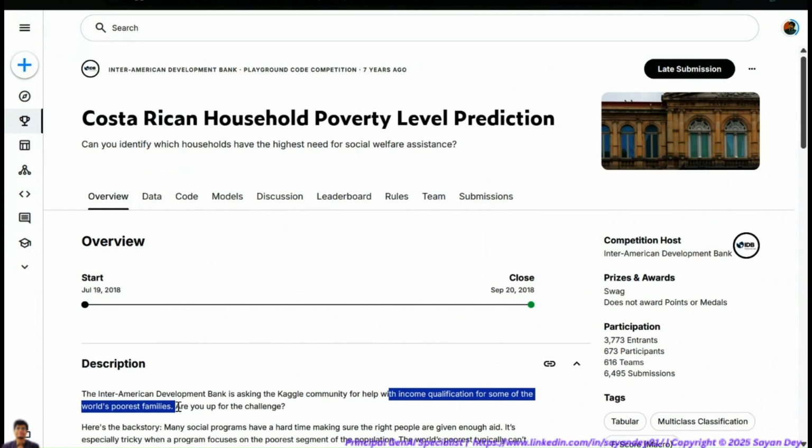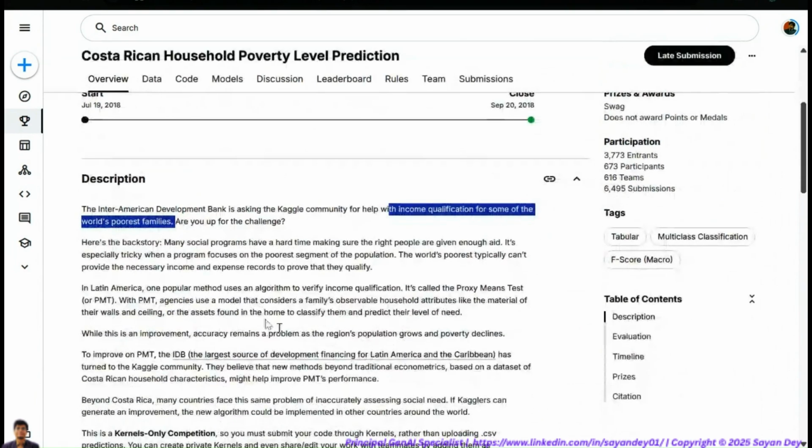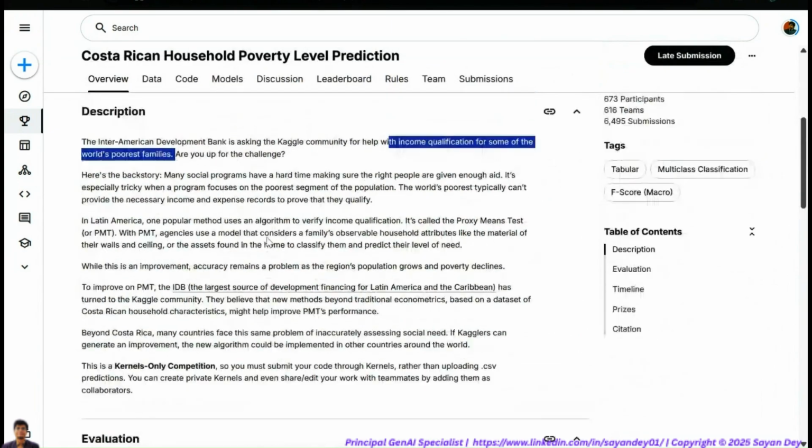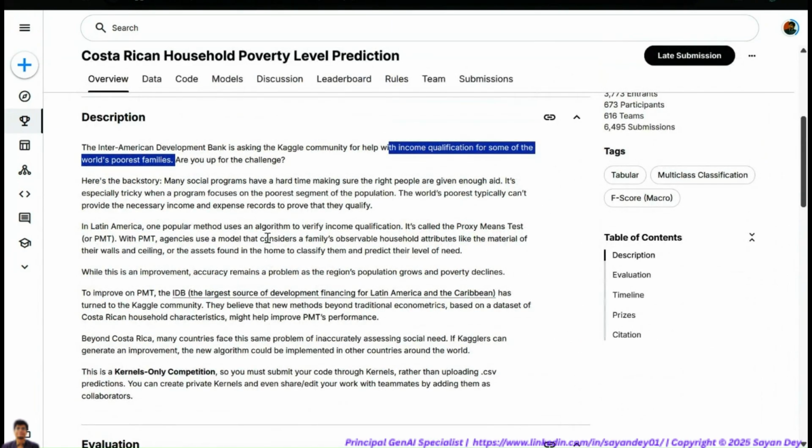So it's a very good use case, and one of the primary objectives is to ensure that we can identify which are the families who are really in need of government help.